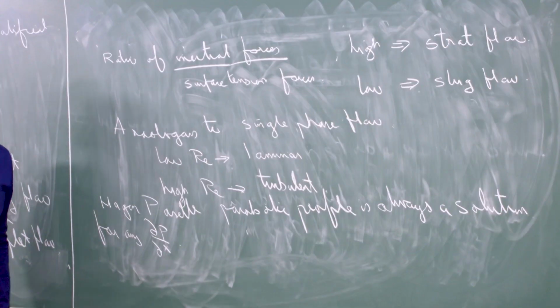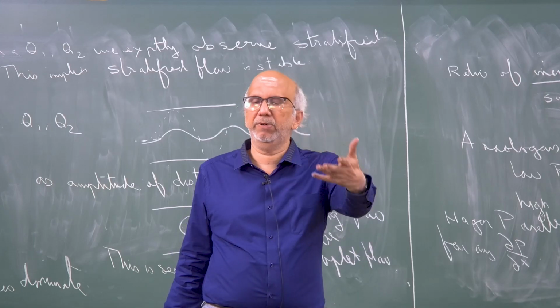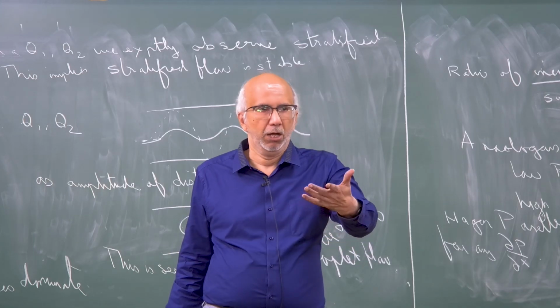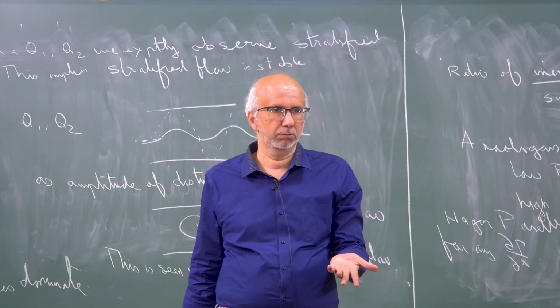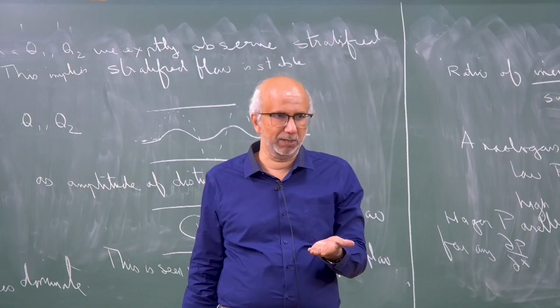So, if I tell you what dp by dx is, you can find what the velocity is. But when you do the experiment, if the dp by dx is very large, okay, and your Reynolds number is large, you can't get the parabolic profile. So, although the solution says it's parabolic, you don't get it.